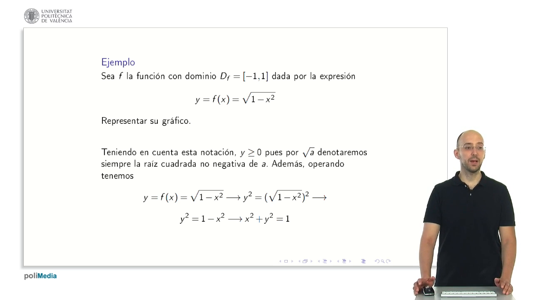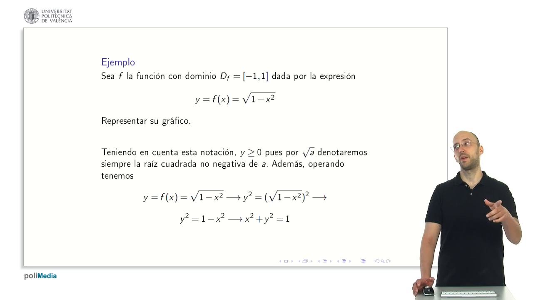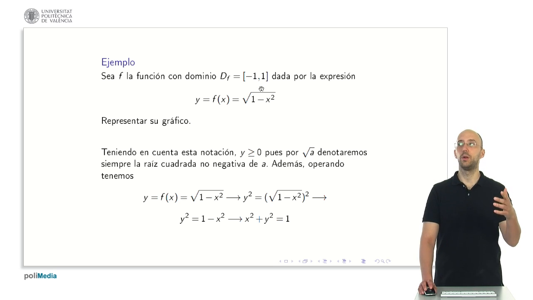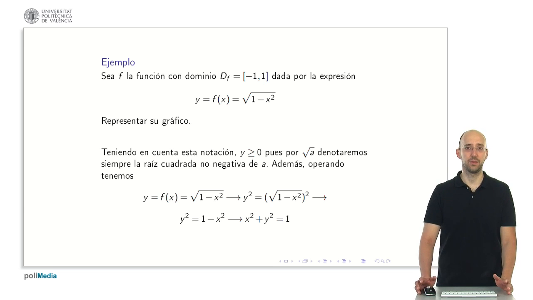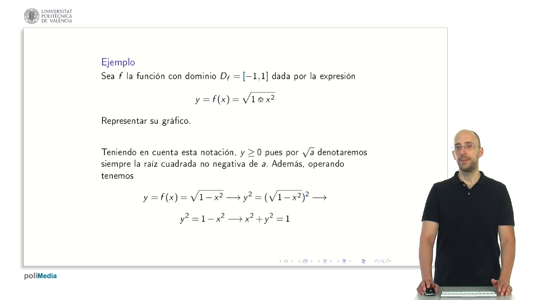How many points do we need to represent it? You could make a small table with several values and give values to x, for example 1, 0, minus 1, and more or less sense how the graphic representation of this function would be. Let's attempt to clarify what it would look like using a formula or equation that is indeed crucial. Look at the following.